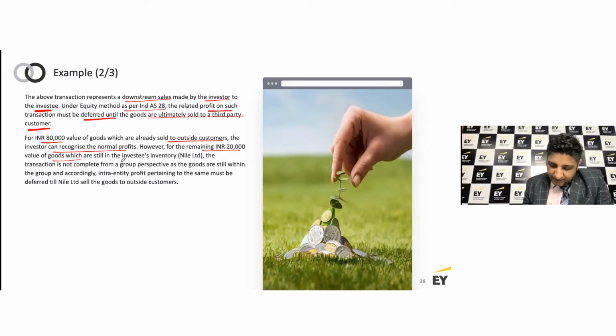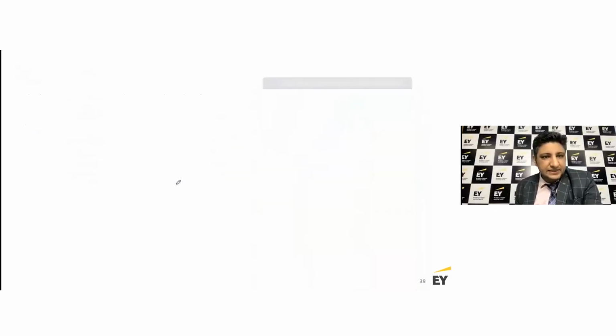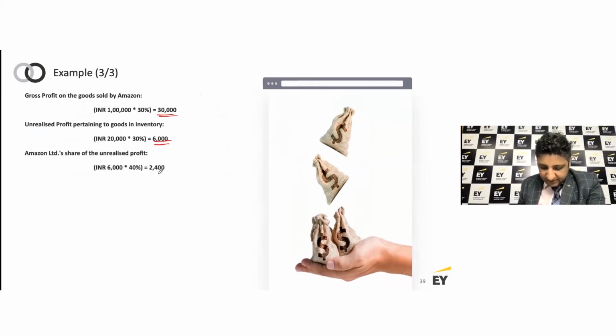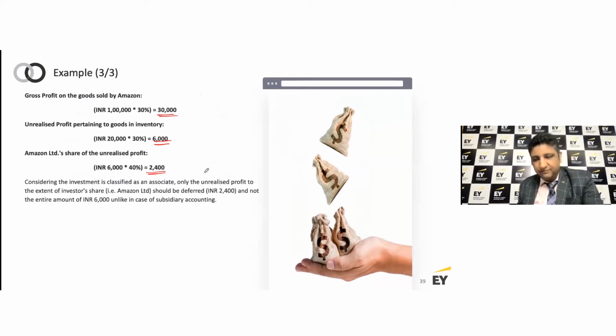However, for the remaining goods, the transaction is not complete from the group's perspective, as the goods are still within the group, and of course, that intra-entity or intercompany profit should not be allowed to be recognized. And that is where we are saying that the overall gross profit margin was 30,000. Unrealized profit with respect to the inventory remaining is 6,000. The share of unrealized profit from the group's perspective, of course, is 2,400.